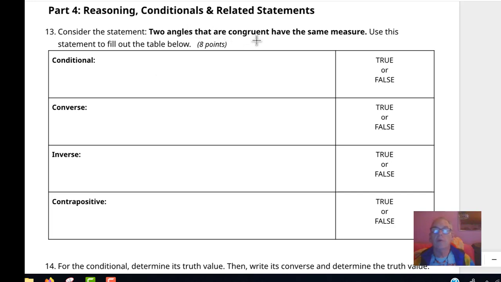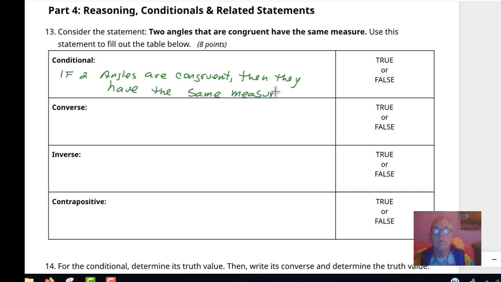If two angles are congruent, then they have the same measure. And that's a true statement.